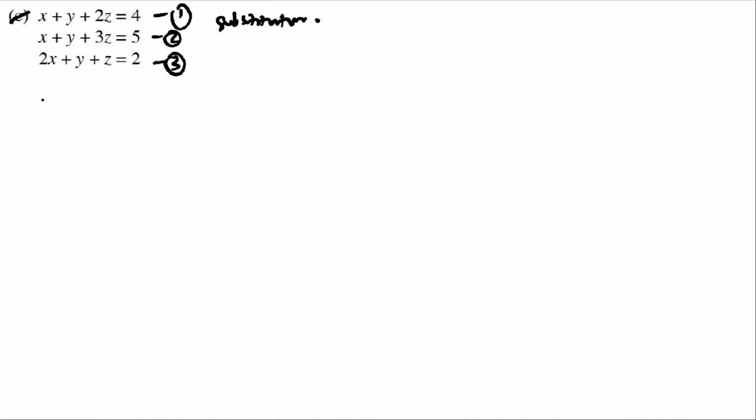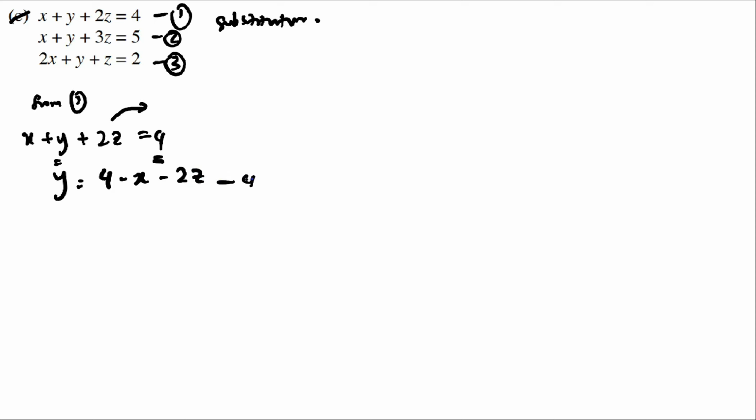Okay, from 1, x plus y plus 2z is equal to 4. So first I want y. y is equal to, I only want y, so other numbers will enter the other territory, which is 4. This one we get 4. x becomes negative x, positive 2z becomes negative 2z. So this one is 4.